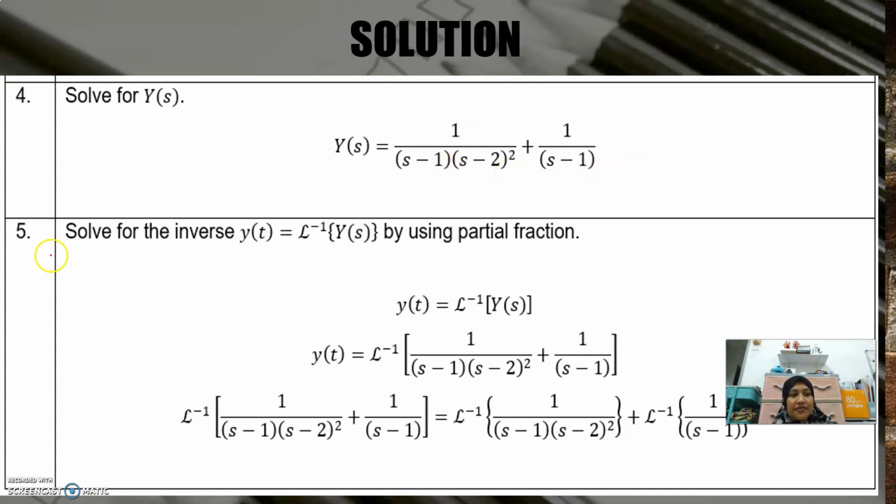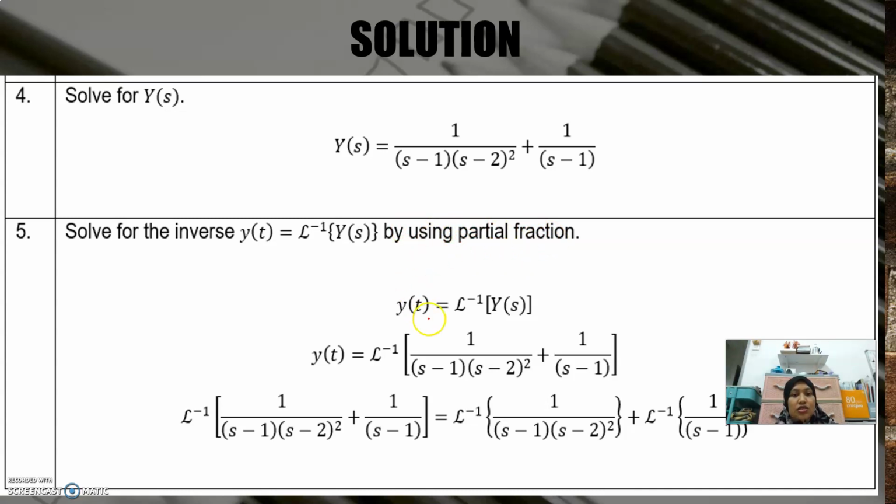And then step number 5, solve for y(t) equal to inverse Laplace of Y(s) by using partial fraction. This method you have learned in our previous lecture. Please refer again.